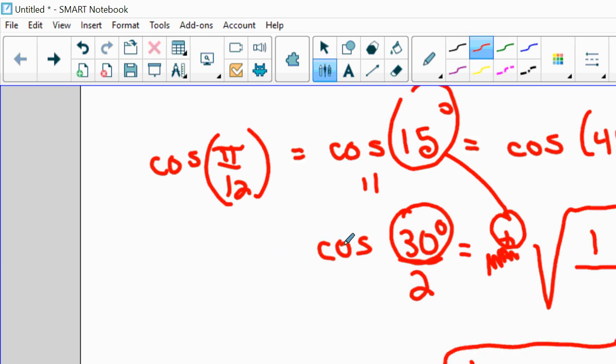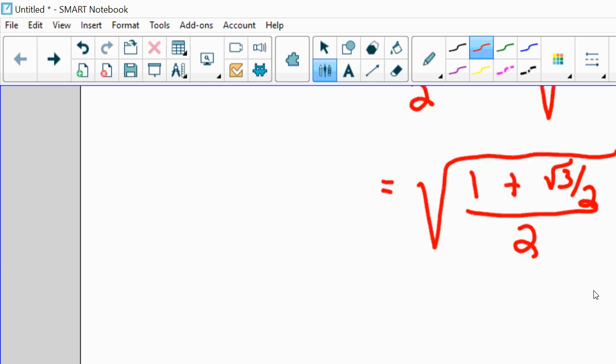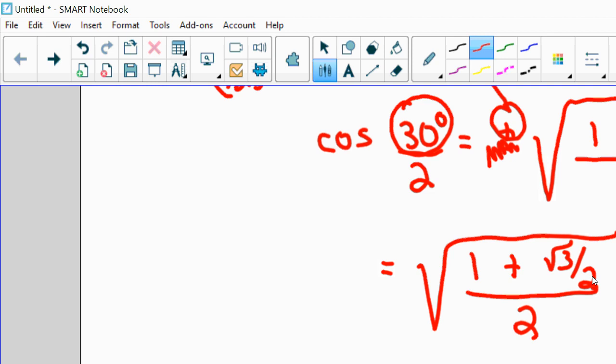And unfortunately for everybody here, cosine of 30 is the square root of 3 over 2. So this is no fun, because this is 2 plus the square root of 3 over 2, all over 2 over 1.